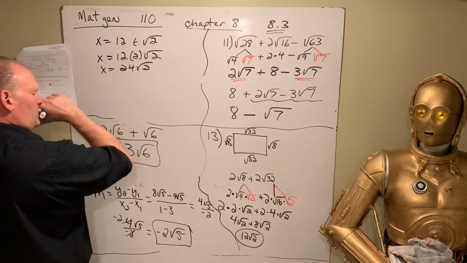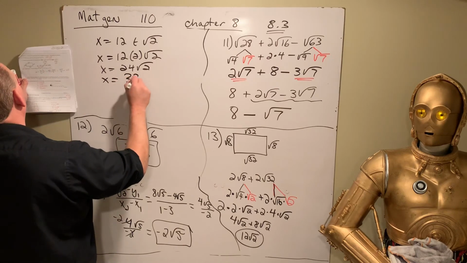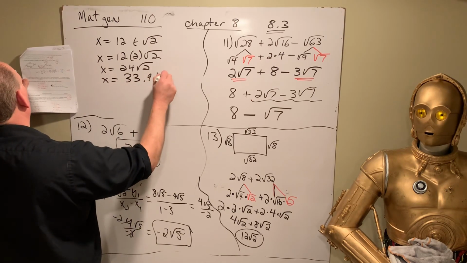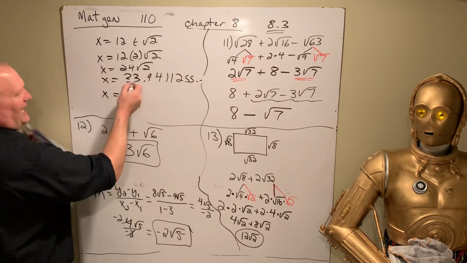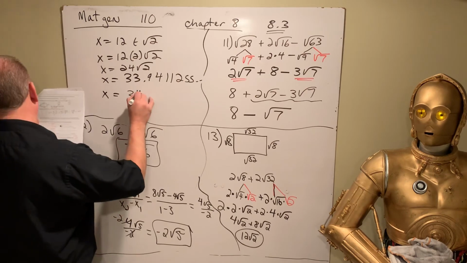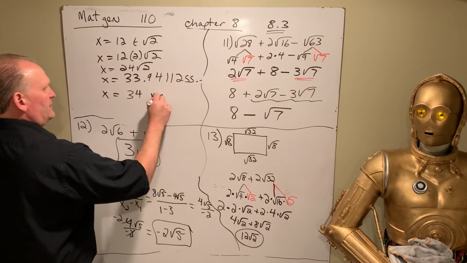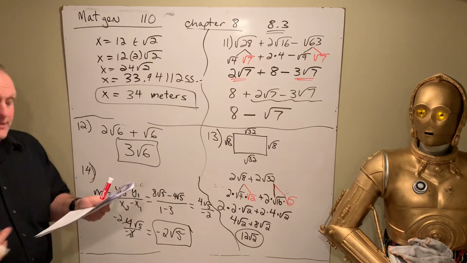But in the real world, we usually don't say 24 square roots of 2. They want you to do it on your calculator. That's 33.9411255. And so, again, we don't even answer like that. We say, oh, you kicked the soccer ball about 34 meters. We must be in Europe. 34 meters. Yeah, it's a soccer ball.